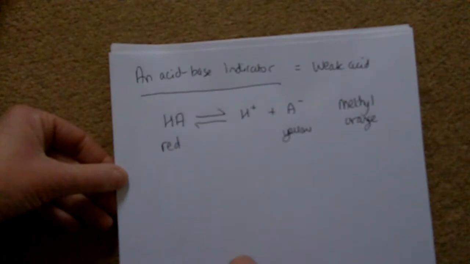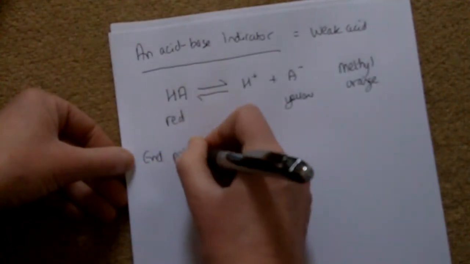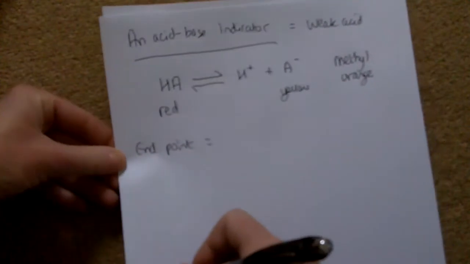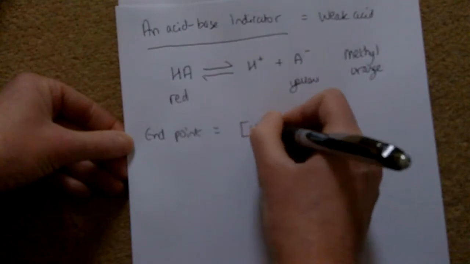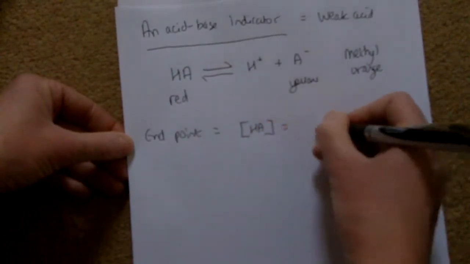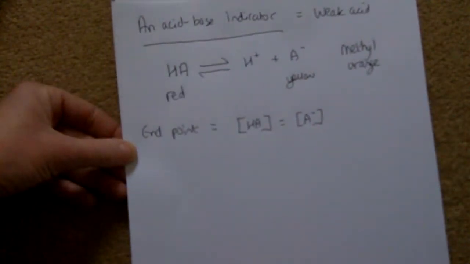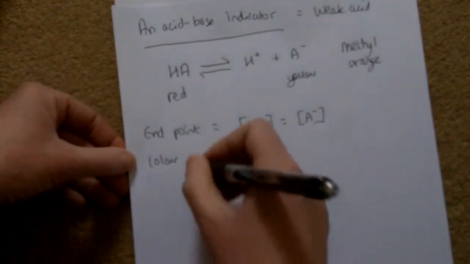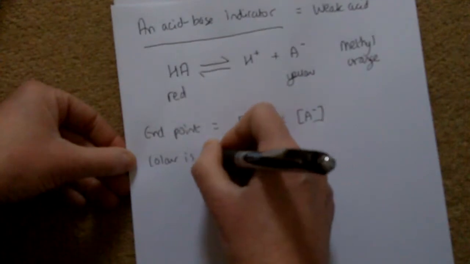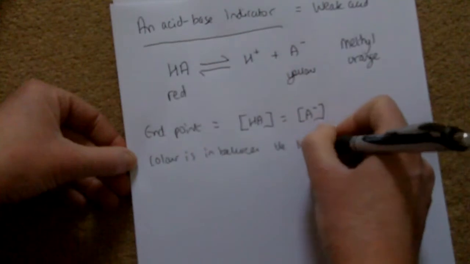And therefore at the end point, what that really means, the end point of a titration, is when the concentration of the acid equals the concentration of the conjugate base. The color that you see at the end point is in between the two extremes, the two colors.